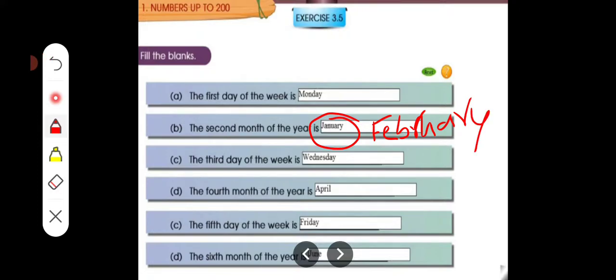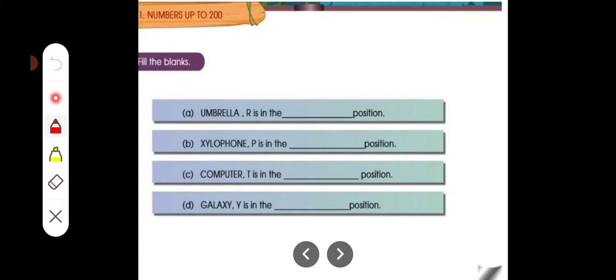Yes, very good. The sixth month of the year. Sixth month. Count. First is January, February, March, April, May and June. Yes, very good. June. Now, I think you all know how to write this. Okay, children. Now we shall move next.